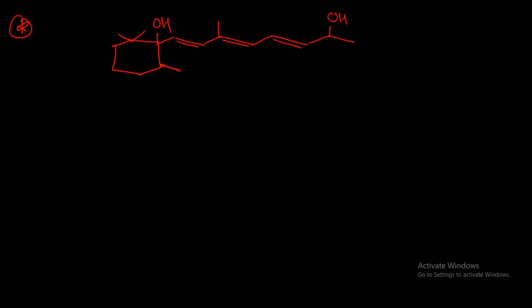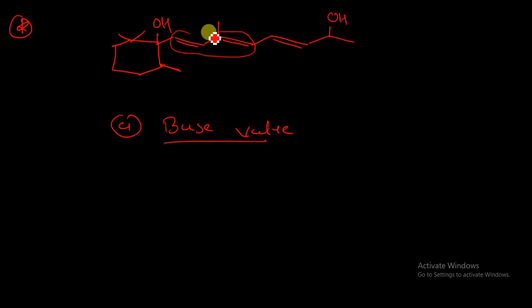I have to find out what the lambda maximum will be for this structure. First of all I have to write down the base value. This is a simple diene system, not a heteroannular diene system.